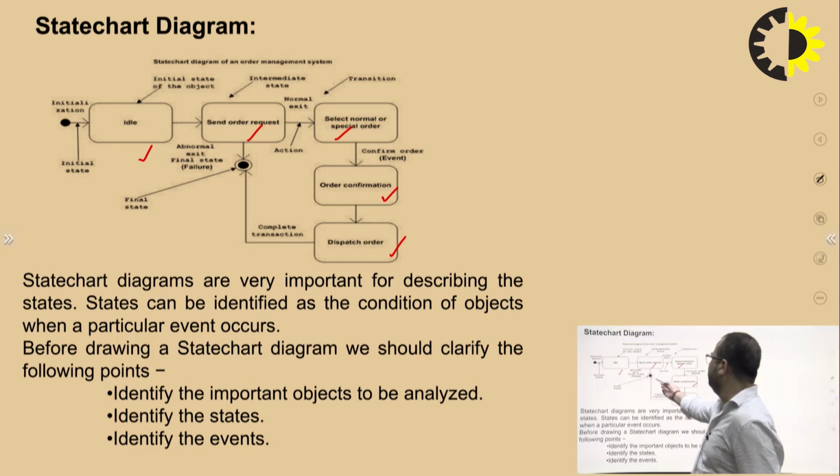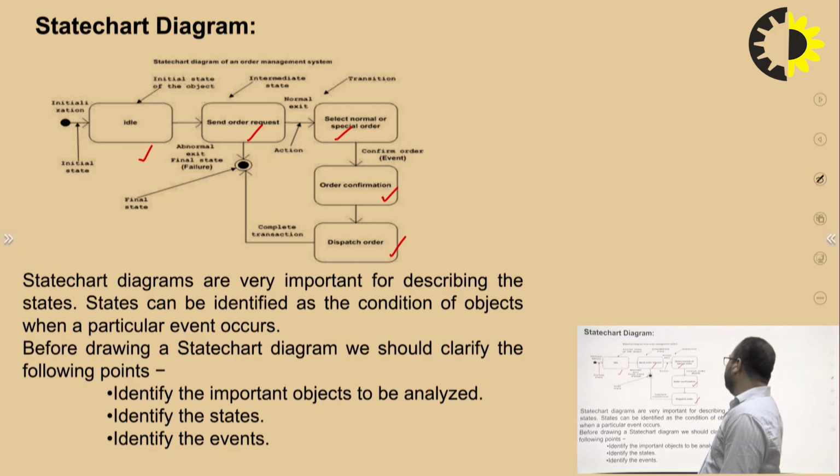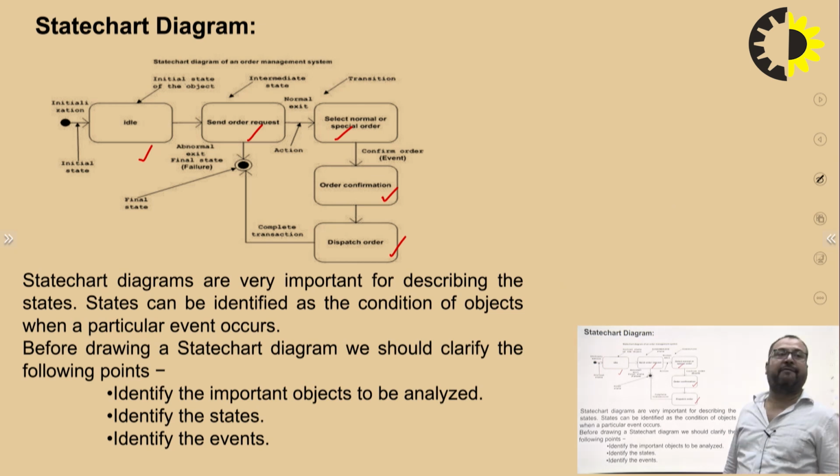We have the initialization phase, which is called the initial state, then all these various states. This is just like in automata, where we have various steps from initialization to the final state. State chart diagrams are very important for describing states. A state could be defined as a condition of an object when a particular event occurs.